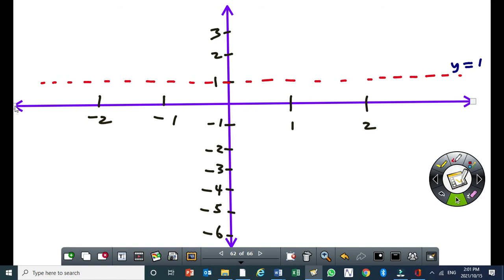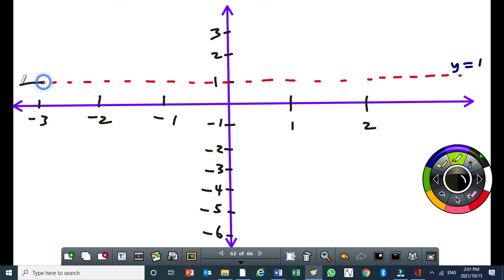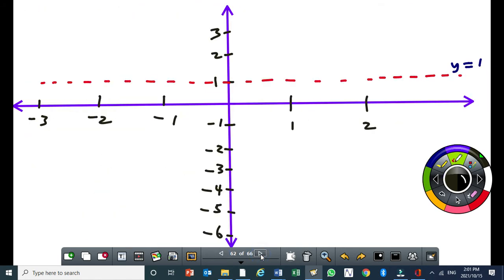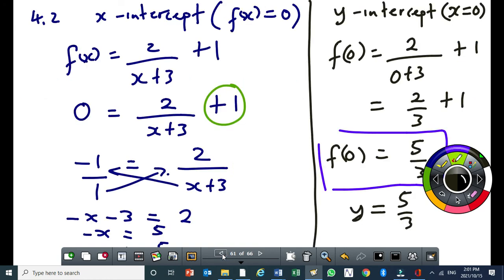Alright, so I'll put the 3 there, the -3. Okay, wait. x is -3. Okay, I see what you mean. Alright, let me recalibrate.